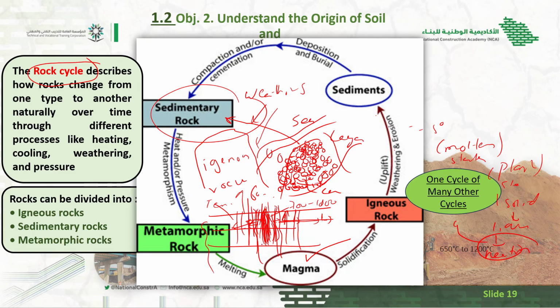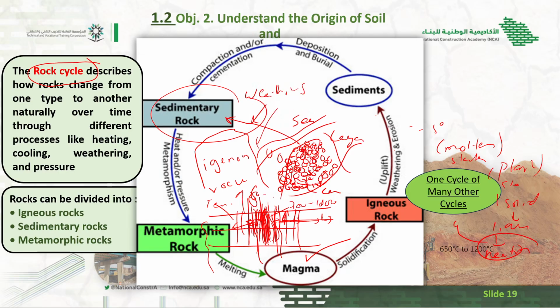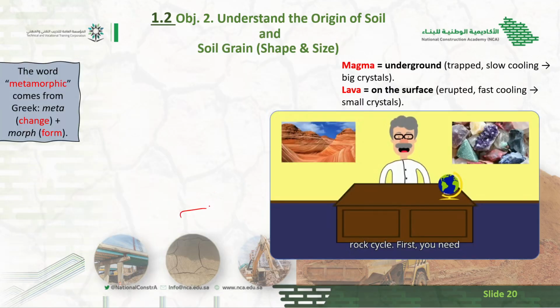So it is not a normal rock. That rock is subjected to high temperature and pressure without changing to what? To magma. It is still in solid form, but subjected to very high temperature and pressure, so its chemical composition is changed. Now this type of rock is called what?